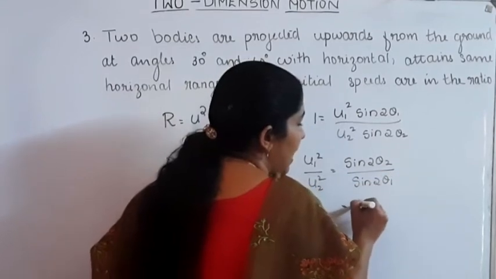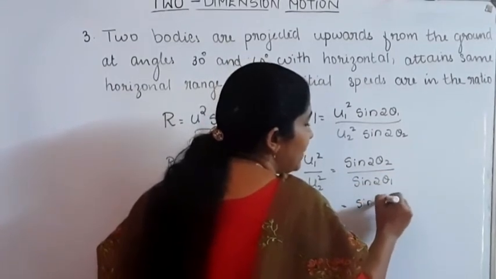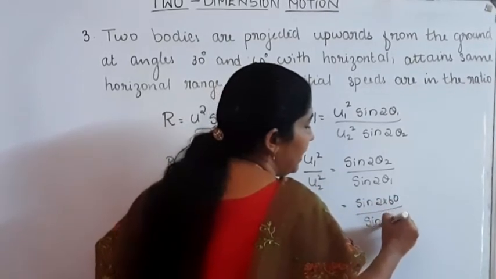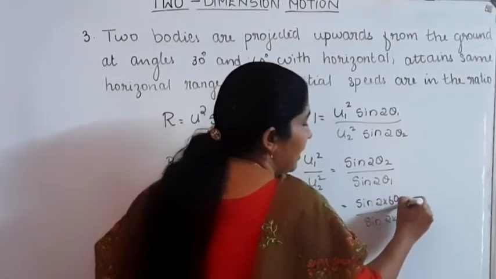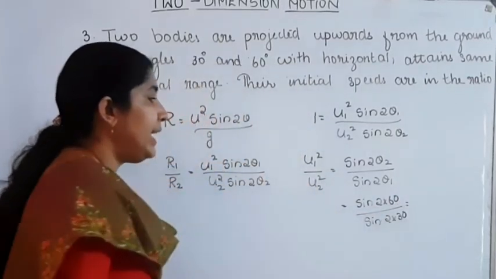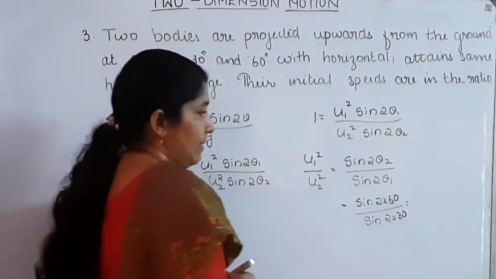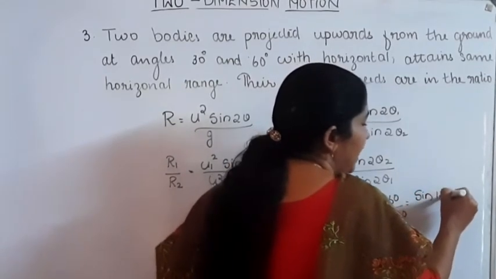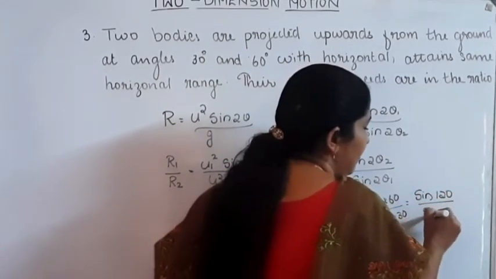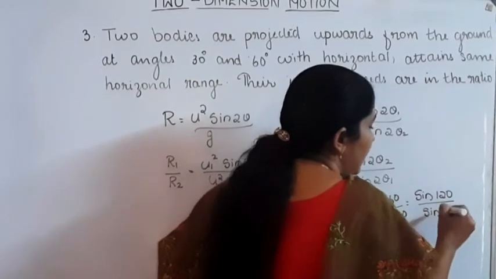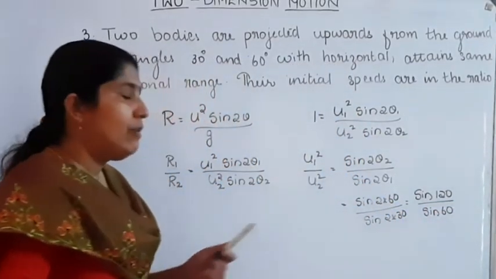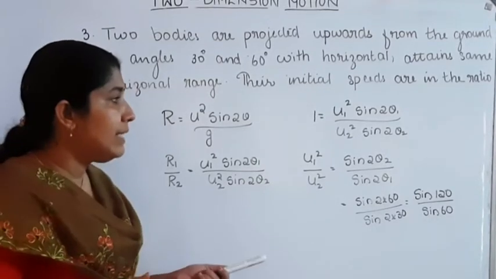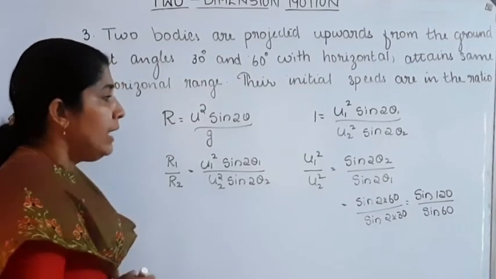That's equal to sine 2 into 60 divided by sine 2 into 30. That is sine 120 divided by sine 60. Sine 120 is sine 90 plus 30, which is equal to cos 30.